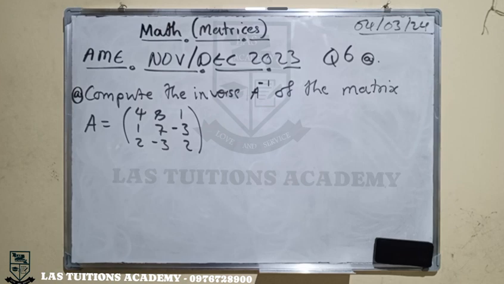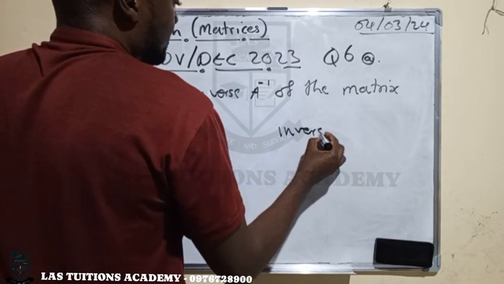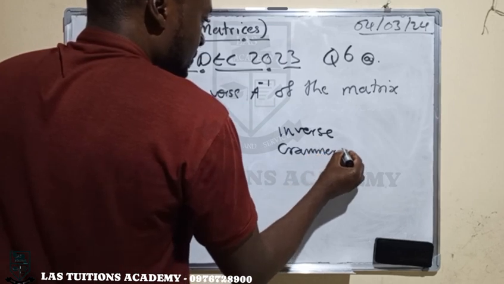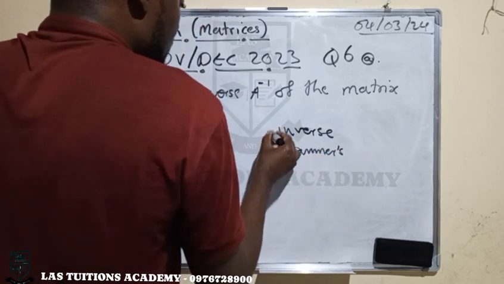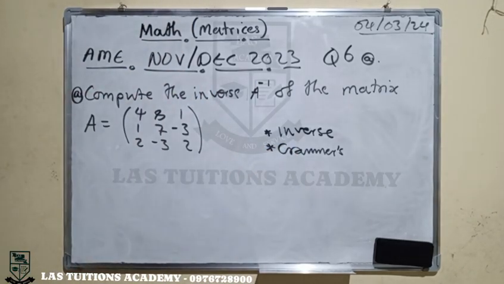There are only these two methods that you need to understand. Once you have understood these two, the inverse method and Cramer's rule, then there's no question that you're going to fail under matrices.